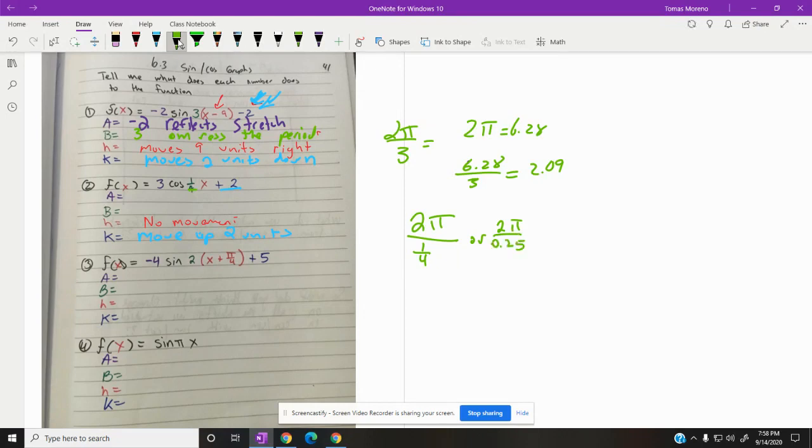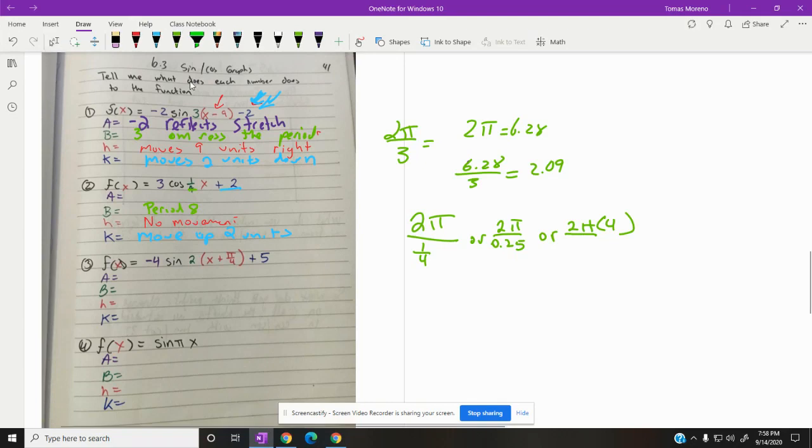In essence, if we do keep change flip, it would just be 2 pi times 4, right? So in this case, this period becomes 8 pi.